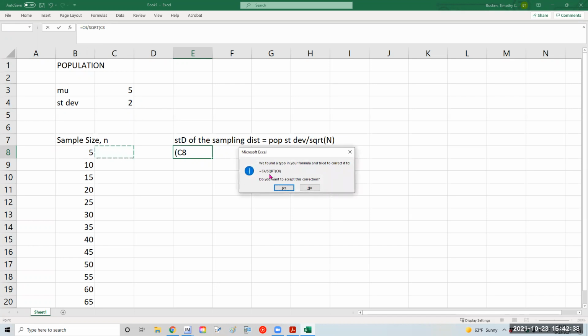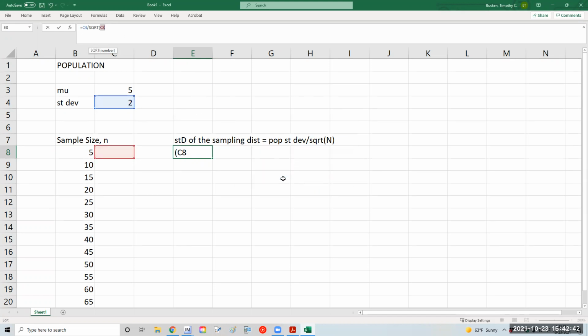It's a typo here. Oh, I didn't close my parentheses, so it didn't like that. Shouldn't be dividing by 0. Oh, I see, I've got the wrong cell in here. I should be highlighting B8.